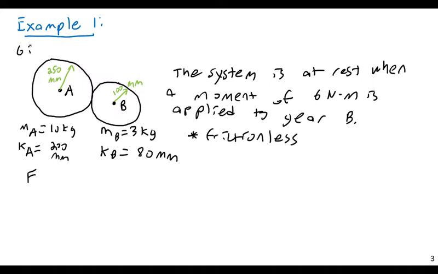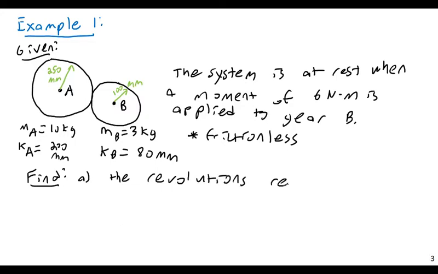And so all of this is given, and then find, let's say, A, the revolutions required of gear B before its angular velocity omega reaches 600 RPM.